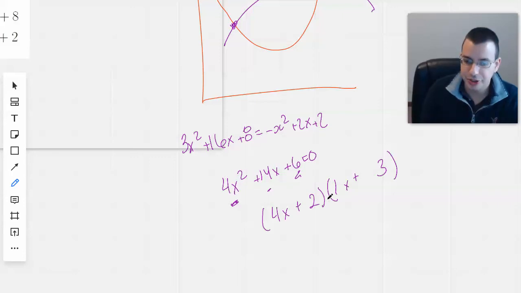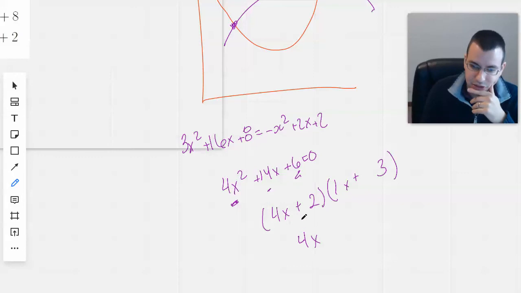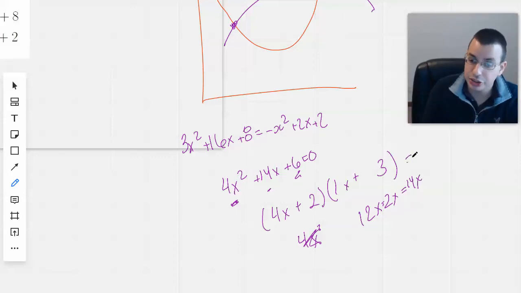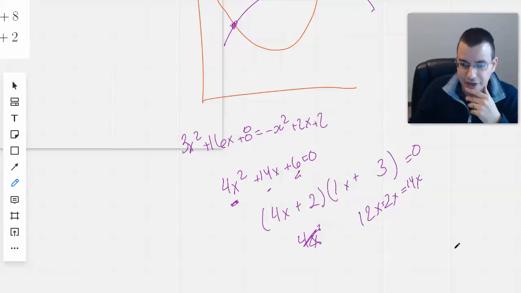But it could also be 2 times 2 or 1 and 4, and I'm just going to see if I get 14x. So 4x times x is 4x squared, I know that. Okay, 4x times 3 is 12x, and then we got 2x, yep, which equals 14x. So this is a correct factoring.